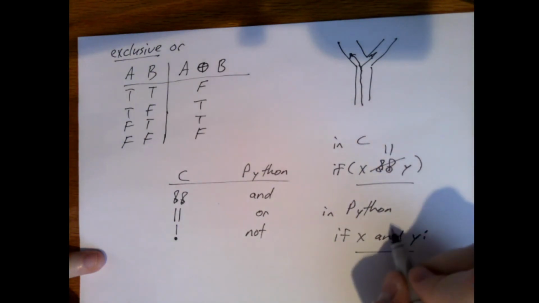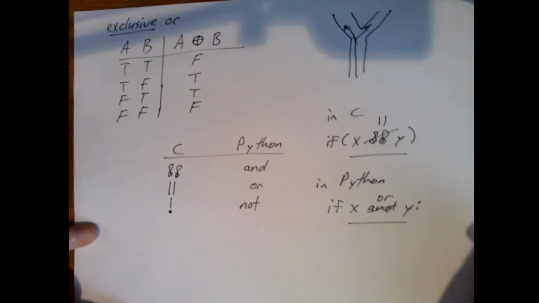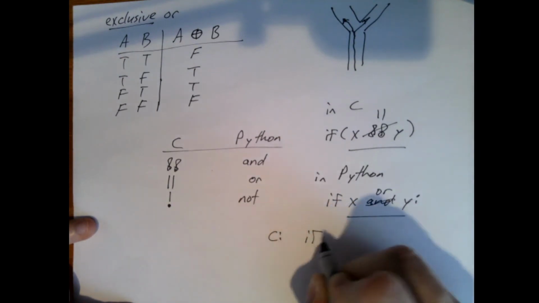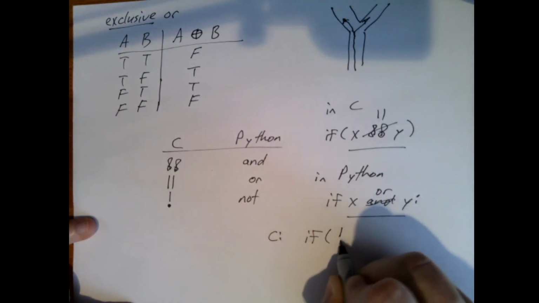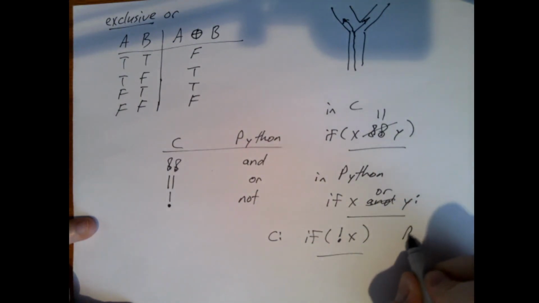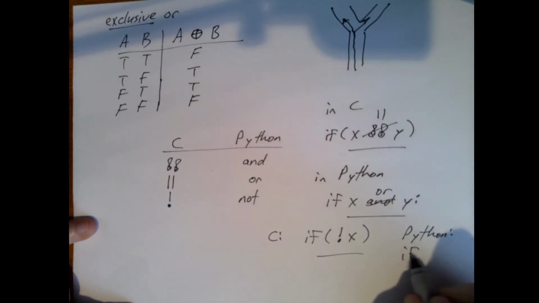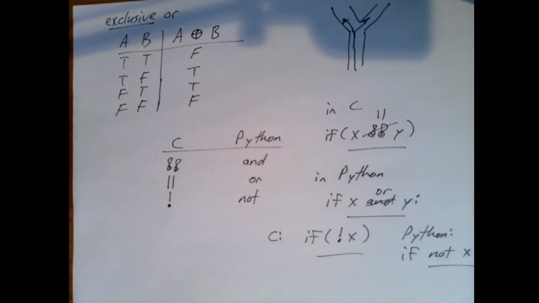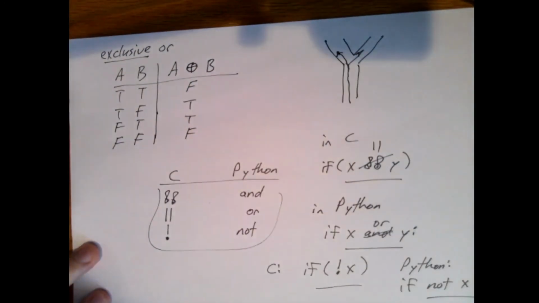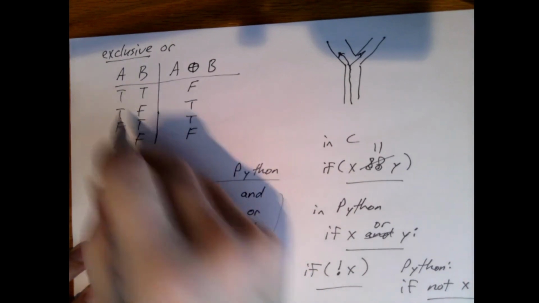I might say in C, this is the C version, if not X, do something. In Python, we would say if not X, do something. So that's where these are getting used, and these support not the exclusive OR, okay?